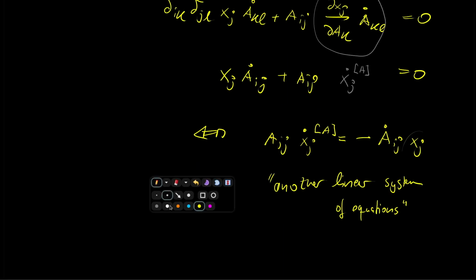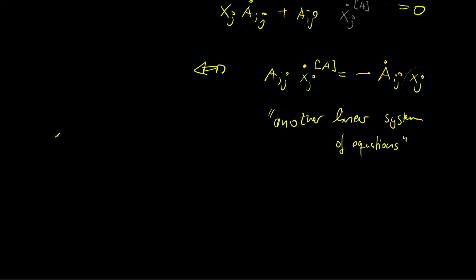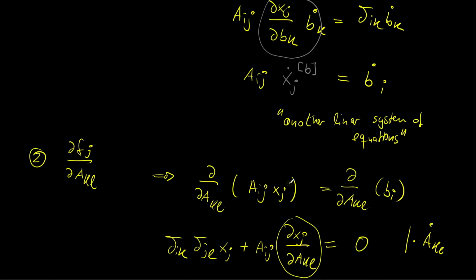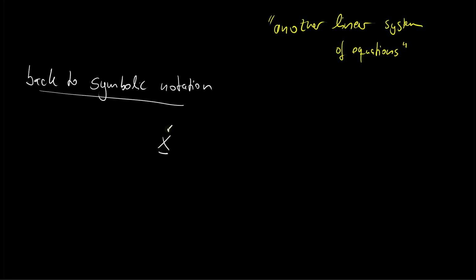Now it's time we can go back to symbolic notation, because we've now gotten rid of all the rank-free tensors for which an index notation is favorable. So let's say we go back to symbolic notation, and then we see, well, first the contribution from B is that we will get the x tangent contribution B is that we solve another linear system of equations with the same matrix, but the right hand side being the tangent information on the right hand side.